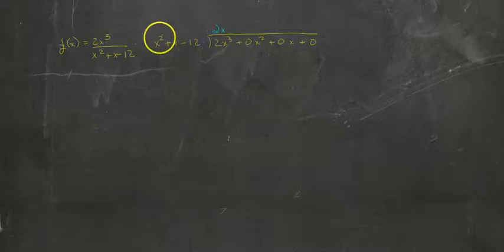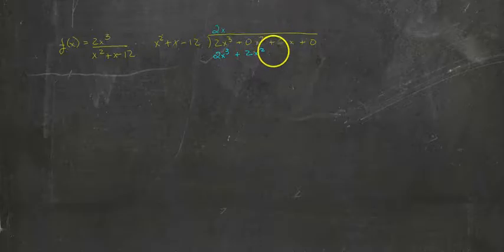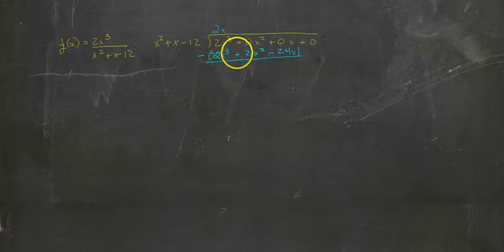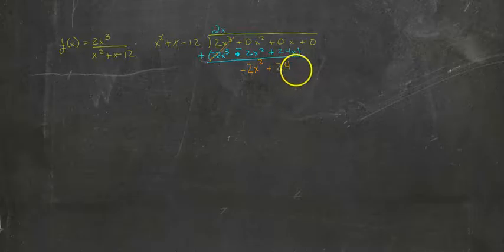Now I distribute. 2x times x squared is 2x cubed. 2x times x is 2x squared, and then 2x times negative 12 is negative 24x. I want to subtract, which means change all the signs and turn it into addition. So now I can cancel. These cancel automatically. I set it up that way. 0 minus 2 is negative 2x squared, and then 0 plus 24x is plus 24x.